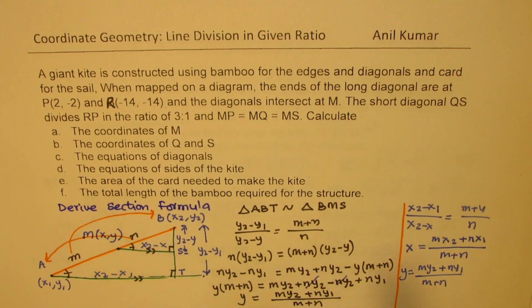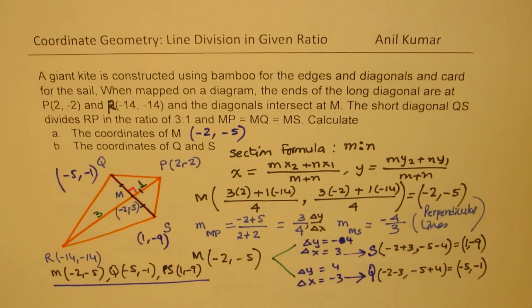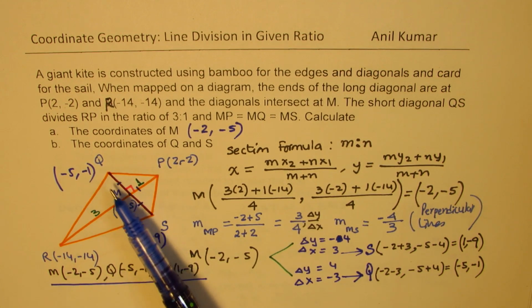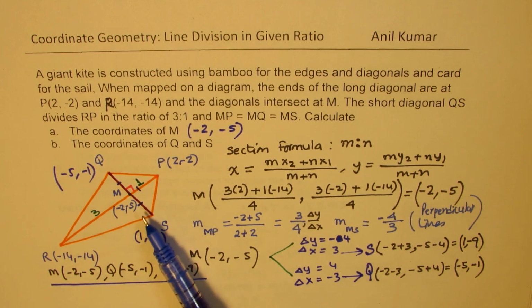Once we found the point M, then we also learned a neat technique of finding Q and S, the other 2 points, right? Once we had the value of M, we actually found the value of Q and S using the property that they are at diagonals to one another. And we got the points Q and S without using any distance or line formula.